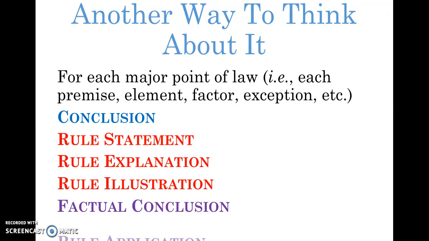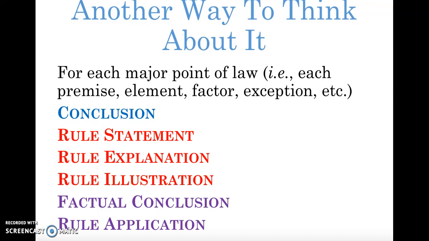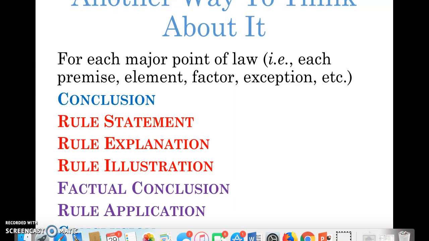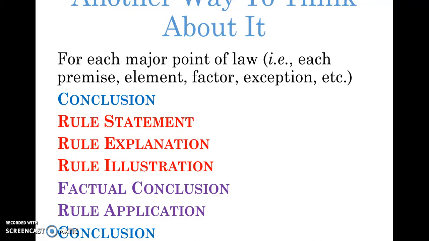And then you'll apply the rule to your case using explicit comparisons between your case and a prior case, or if there is no prior case, using explicit references to the language of the rule you just introduced. And then finally, you remind the reader about your conclusion. What do you want the reader to take away from your rule analysis?